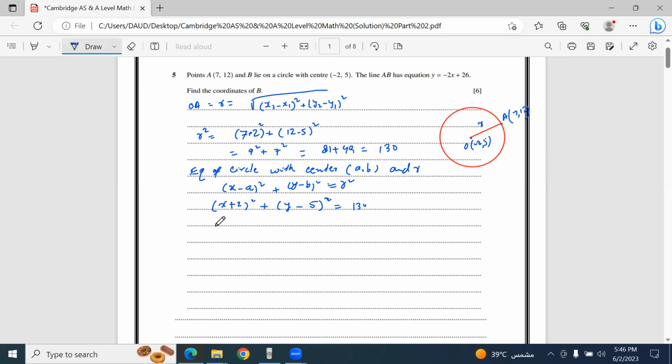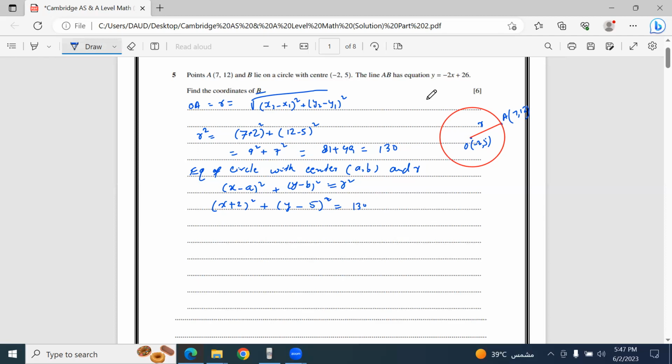Then we can expand, as we are looking for the second point, our coordinate B, which is another intersection of the circle, one linear and one non-linear equation.